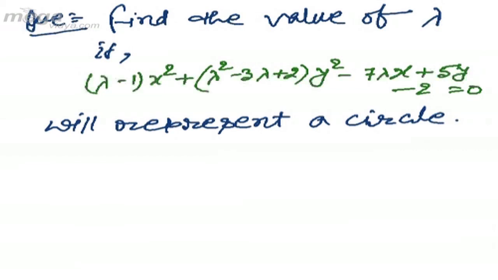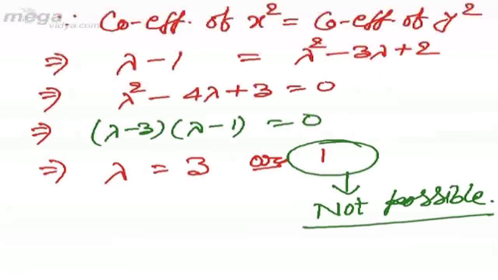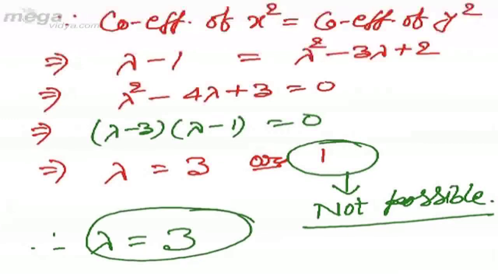So here also you will get 2x square, here also you will get 2y square, and hence this equation will represent a circle. So to make it a circle, we will consider the value of lambda as 3. So this will be the correct answer.